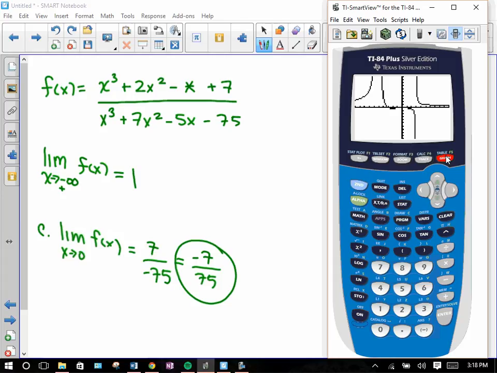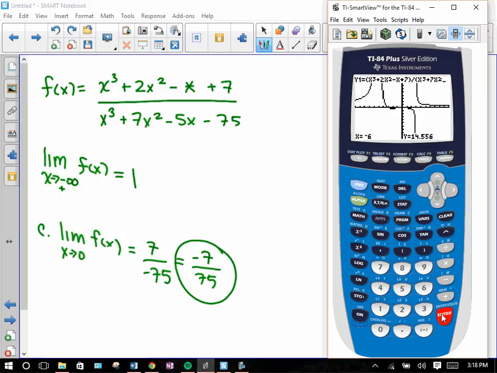The horizontal asymptote we already found the y value of, which is 1, because of the degrees and the leading coefficients. Questions about that?